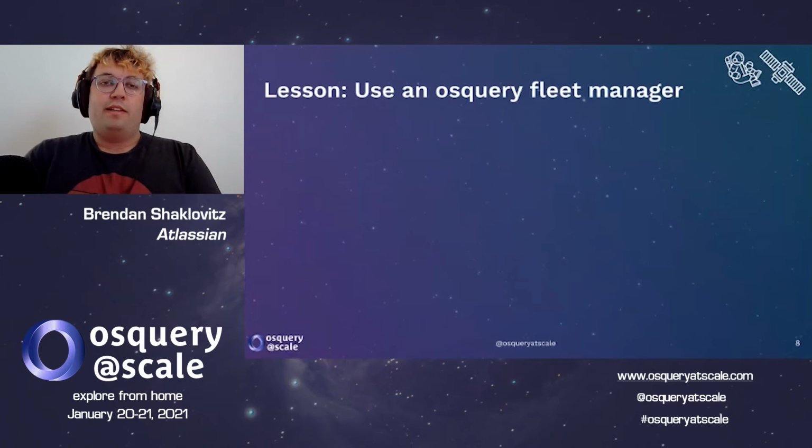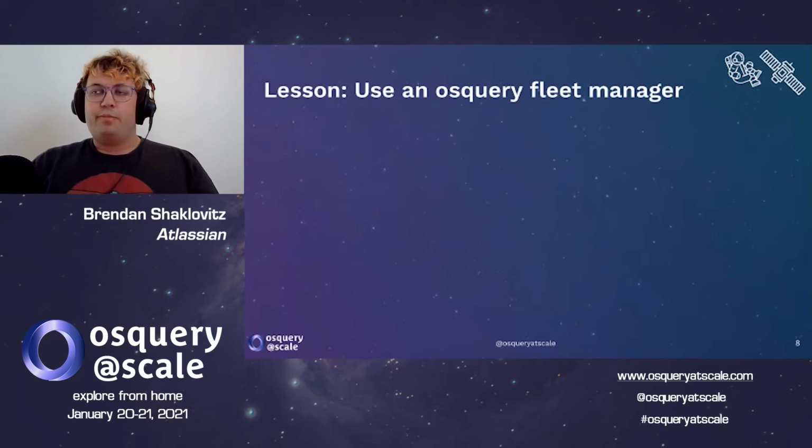So the second lesson that we learned from this experience was that we definitely should have been using an Osquery fleet manager. For the initial proof of concept phase of Osquery, where we were at the time, we were using static configs bundled with Debian and RPM packages, and there wasn't a quick way to update the set of queries running on the hosts or do ad hoc one-time queries, which really limited the usefulness of Osquery in the incident investigation.